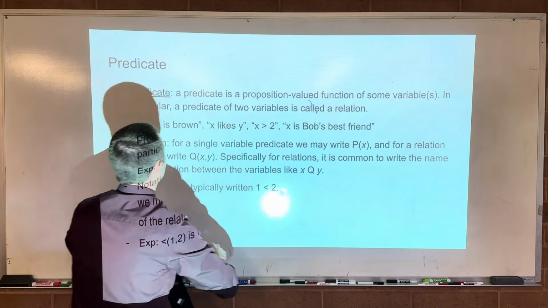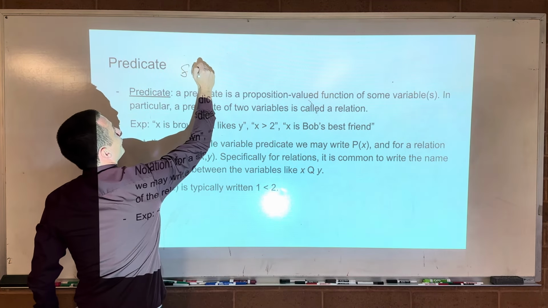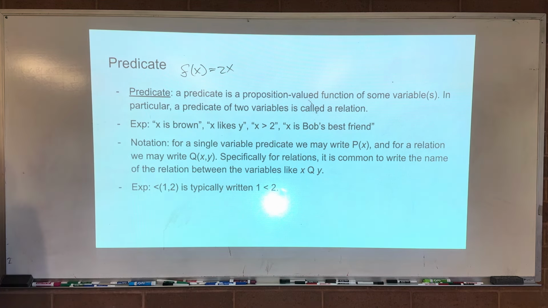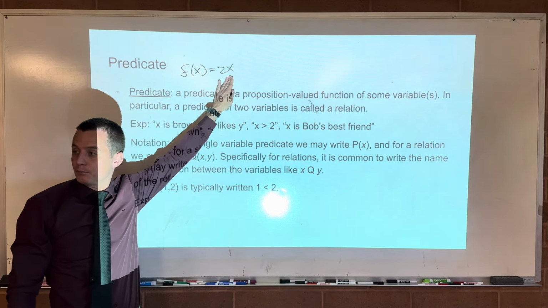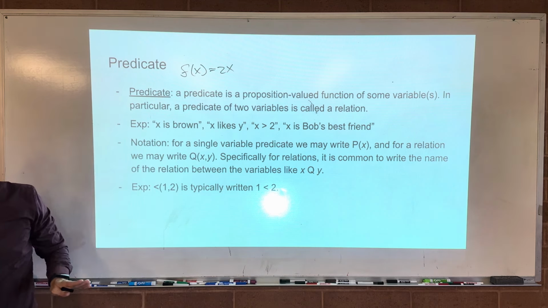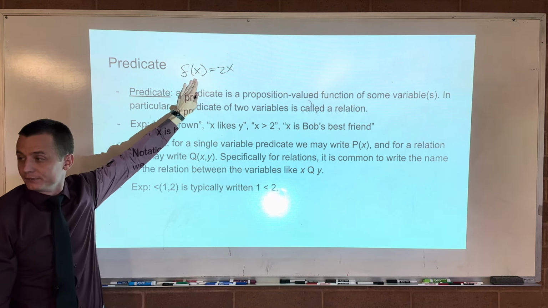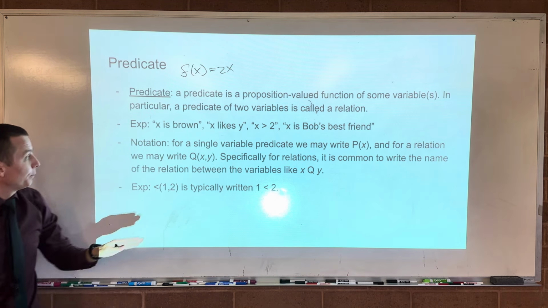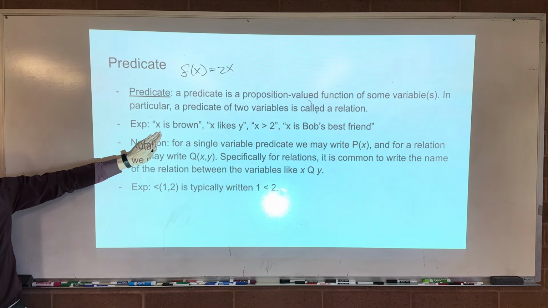Look, you're used to real-valued functions, something like f of x equals 2x. There's a function. If you give the function 1, it spits out 2. If you give the function 5, it spits out 10. This is a real-number-valued function. For every term you give it, it spits out a real number. A predicate is a proposition-valued function.